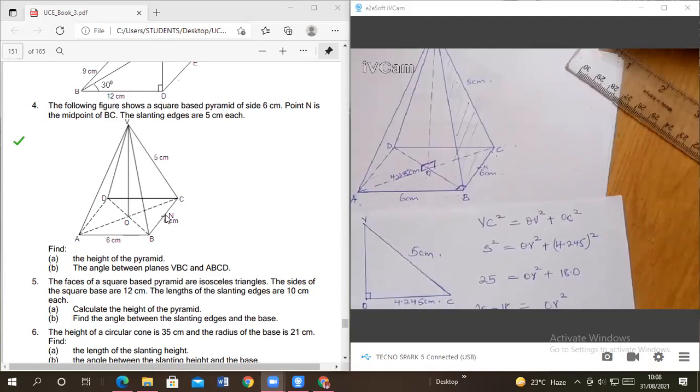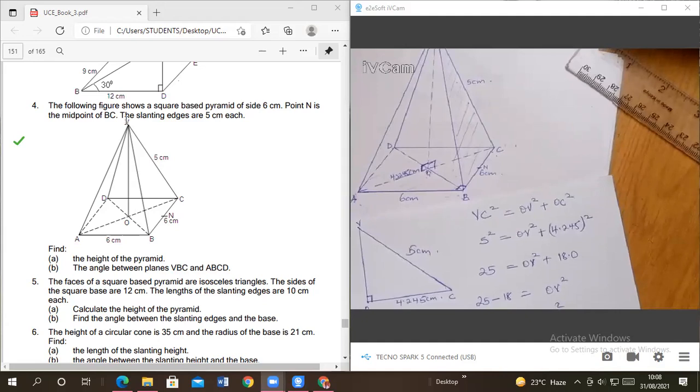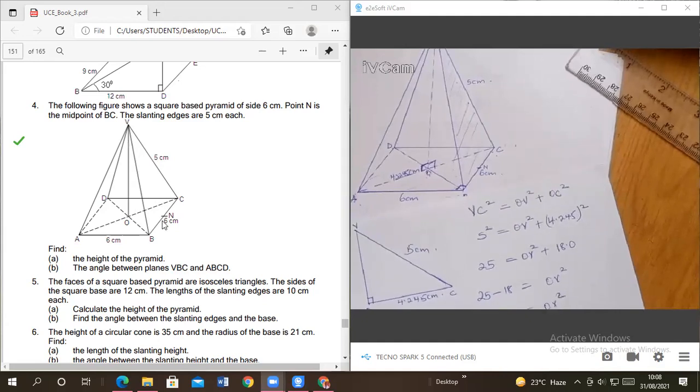This time they labeled it N. They say that N is the midpoint of BC. So we are going to draw a line that bisects this triangle VBC into two, and that line is V to N. Members, are we together?